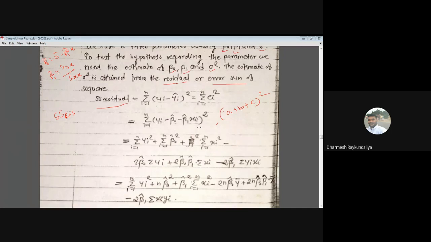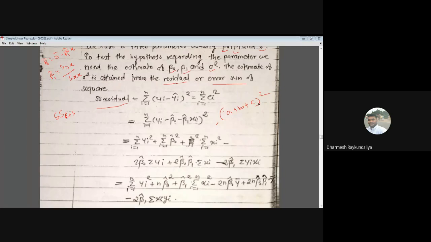Okay, so here we consider A as summation yi square, and B, because we are taking the square, so it is A square plus B square plus C square. Here it is summation beta 0 cap square, and beta 1 cap square is outside, it is summation xi square. Minus 2AB, so minus twice beta 0 cap into summation yi, because beta 0 cap is free.